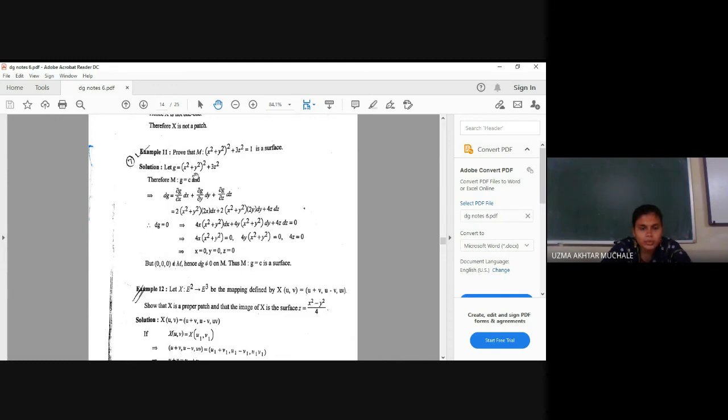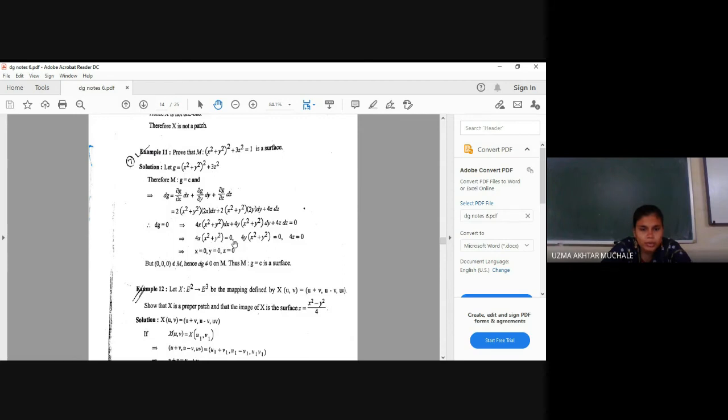Let g is equal to x square plus y square plus 3z square. So now we have to find dg, that is, differentiate this function g with respect to x, y and z. So dg is equal to 0 only if all the partial derivatives are 0.